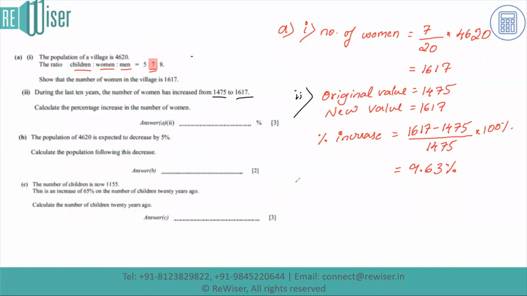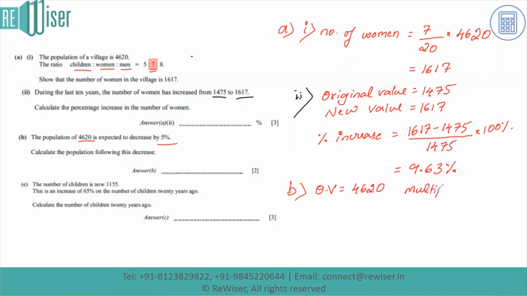And next, if I talk about part B, the population of 4,620 is expected to decrease by 5%. Calculate the population following this decrease. Now, for this one, the original value is 4620. Whenever we talk about a percentage increase or a percentage decrease, we can also think about finding a multiplier, then the answer.